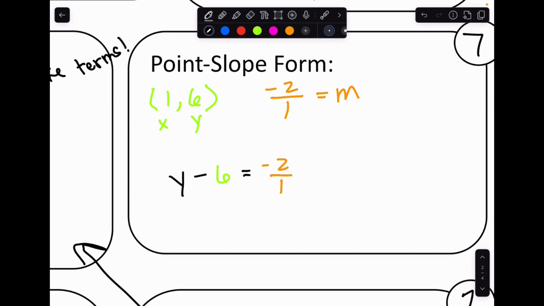Either way. Times x minus our x from our point, which is 1. Okay? Since 1 is positive, again, this is going to stay a minus. If it was negative, it'd have to switch to plus. Okay? So this is my point-slope form.